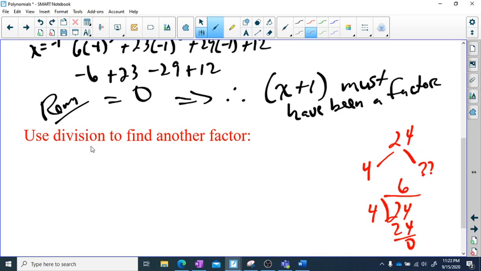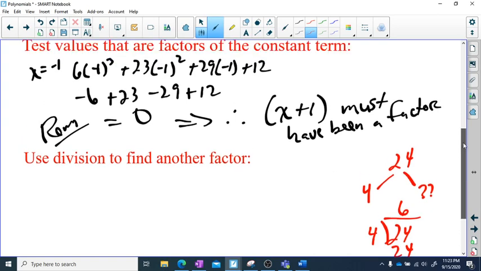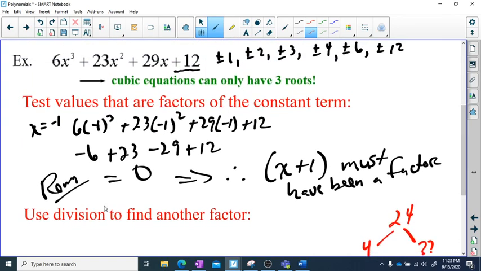Well, think of it like this with this polynomial. You have started out with the polynomial, just so I can see it here, 6x to the third plus 23x squared plus 29x plus 12. And what you just figured out is that x plus 1 is one of the factors of it.